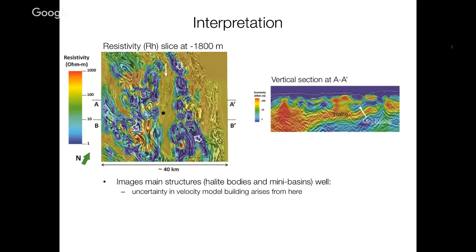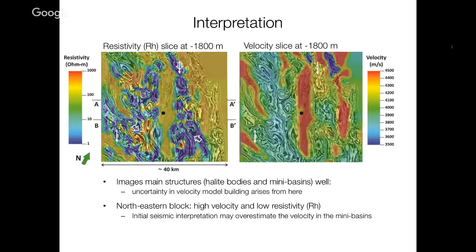Right. So I think I'm going to show one image of that as well. Here we're just comparing how the resistivity model and velocity model look. I think that's the velocity model they have used for their migration. And I think overall it's matching. You see the high resistivity and high velocity structure, potentially mostly halite.